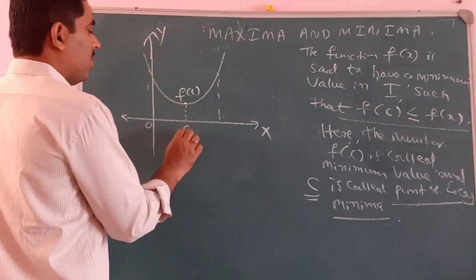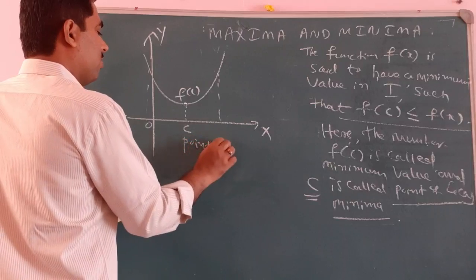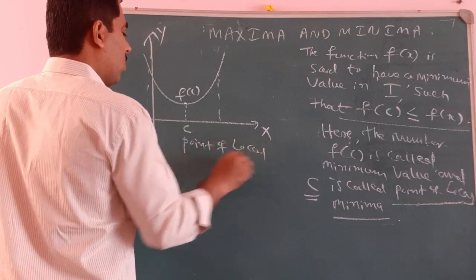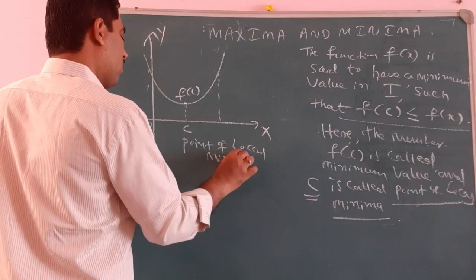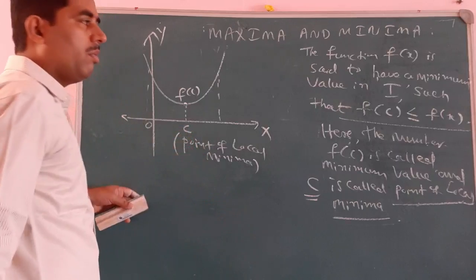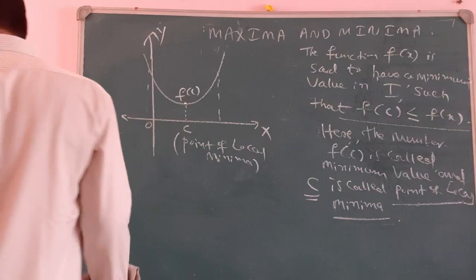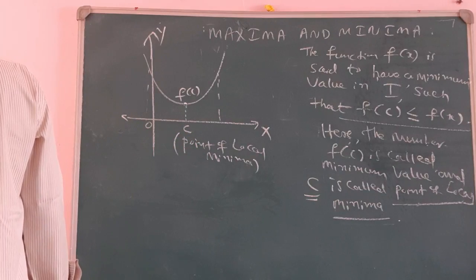This one is the point of local minima. So these are the 2 points we have discussed in our previous class.